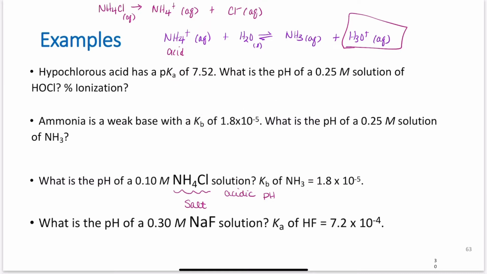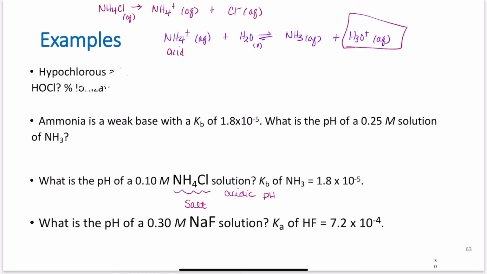So let's give myself some room to work here. Because I know ammonium is going to form ammonia and hydronium ions in solution, that's what I need to set my ICE table up on. Again, ammonium is the conjugate acid of a weak base, ammonia.